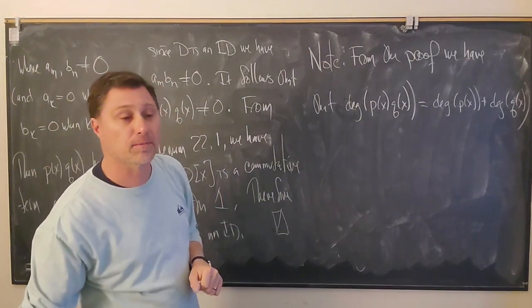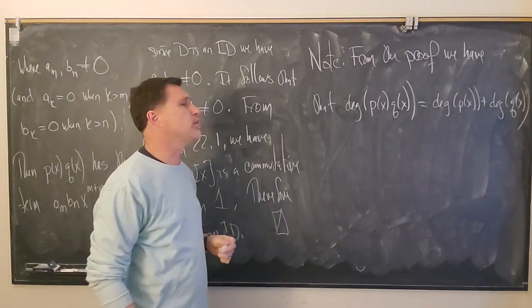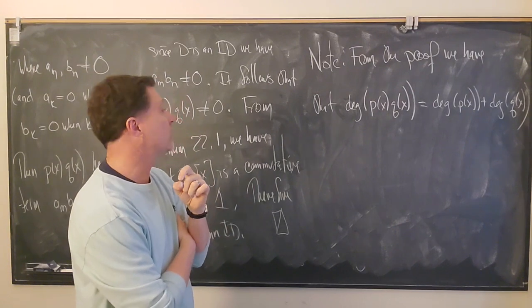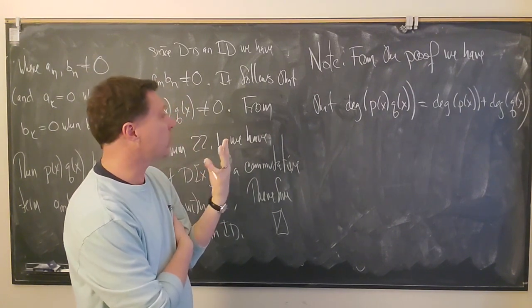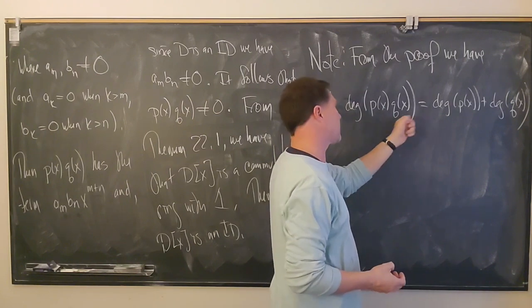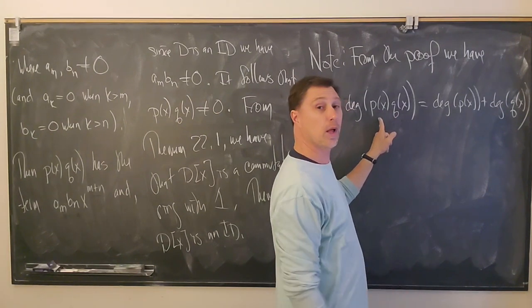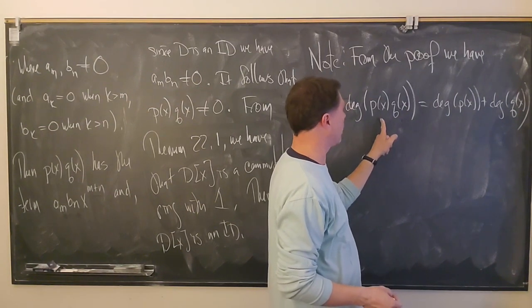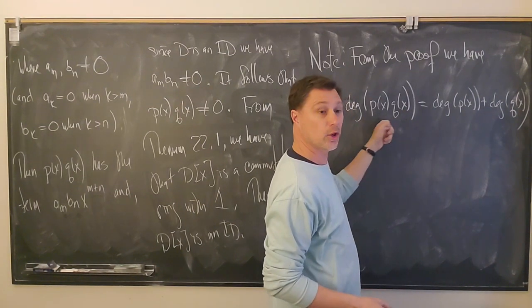And notice, and this is in part why we choose the degree of the zero polynomial to be negative infinity. So notice here, if I do a constant polynomial times some other polynomial, as long as the constant polynomial is not the zero polynomial. When I put in the zero polynomial, we multiply, we'll get the zero polynomial.